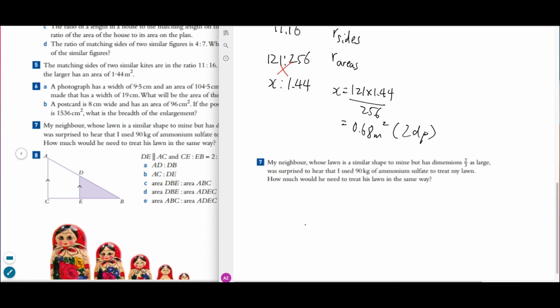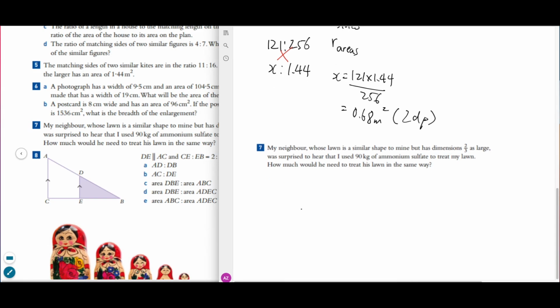Okay. To do this question, we can just draw a diagram. Now we don't actually know what shape it is. Just pretend it's, I don't know, a rectangle.